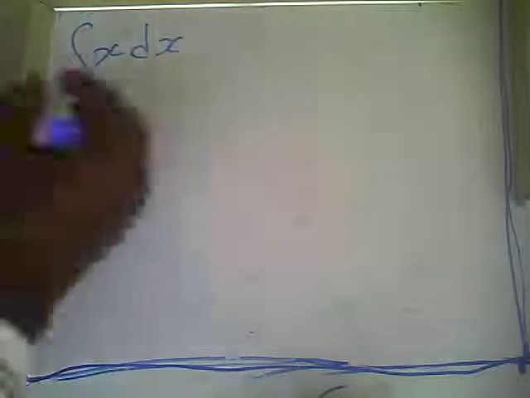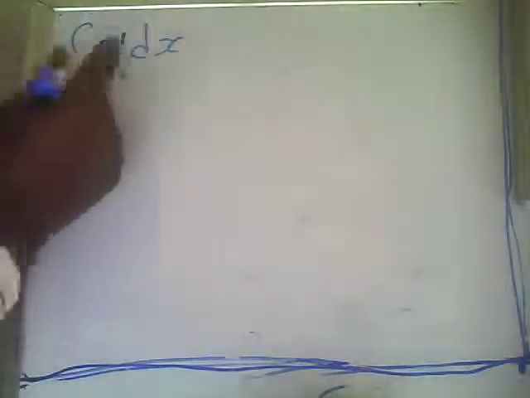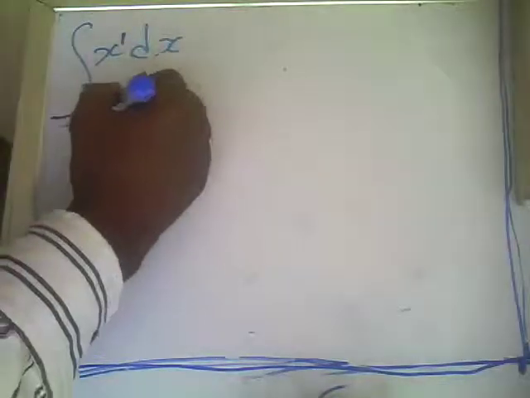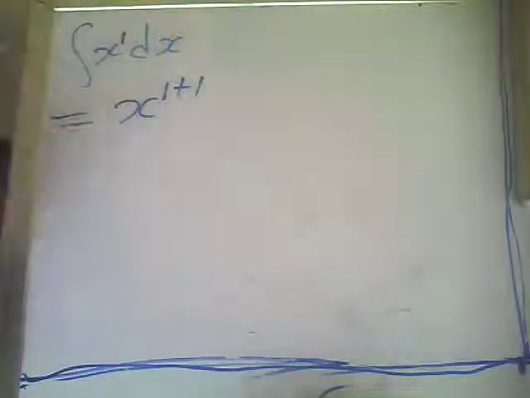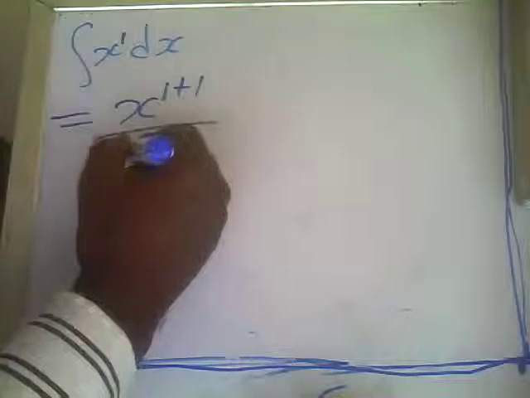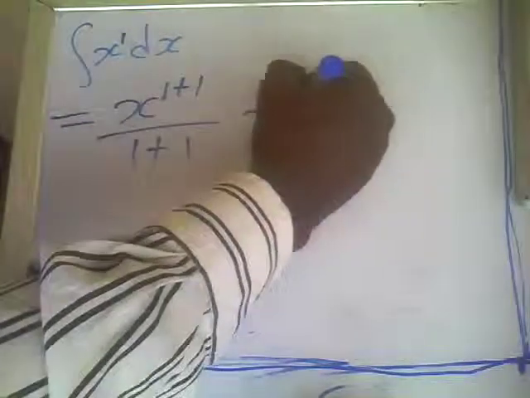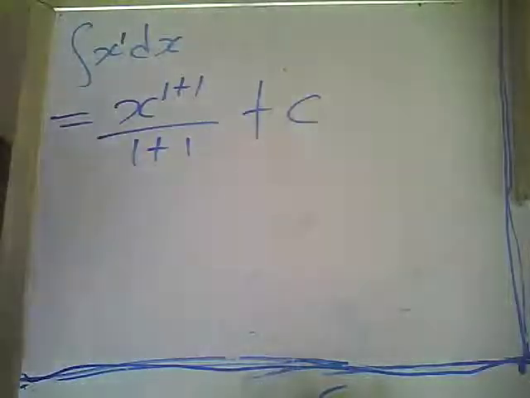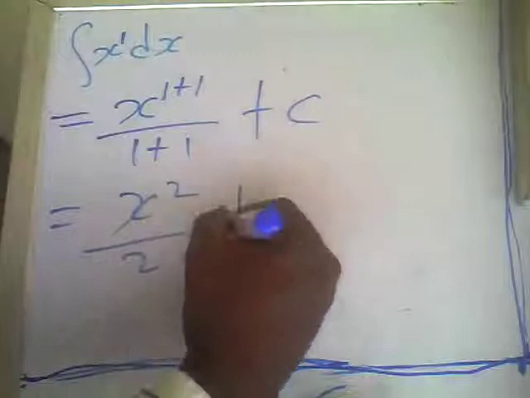We have to know that the power of x here is 1, so that's x raised to power 1. So the integral of this function will become x raised to power 1, then we add 1 to it because the initial power is 1. Then we divide the result by the new power, which is 1 plus 1. Then add the constant of integration. That gives us x to the power 2 all over 2 plus c.